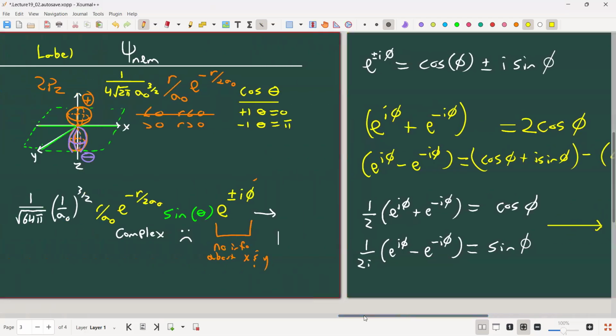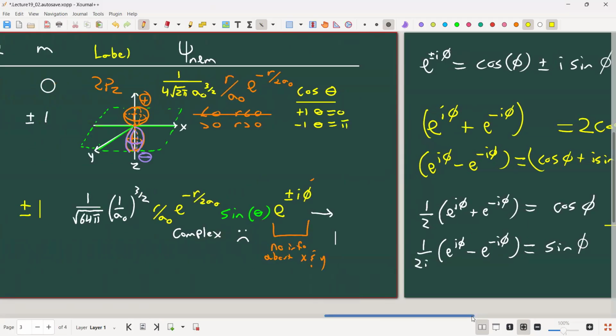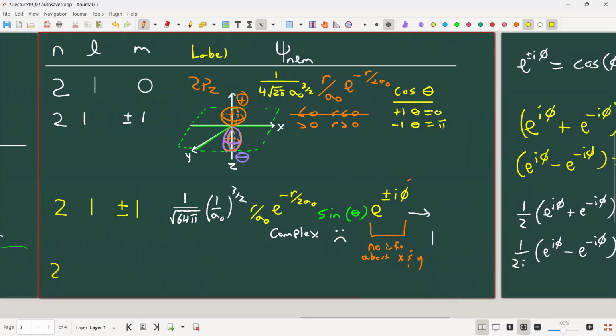And what that should give me is, let me put it over here. So I have 2,1,1 plus 2,1,-1 is equal to, let me copy it all over, this whole thing.